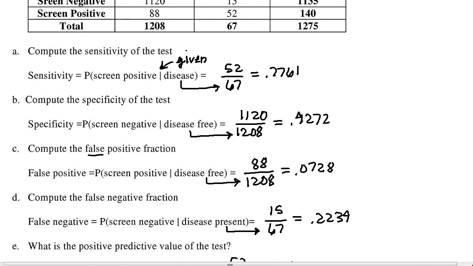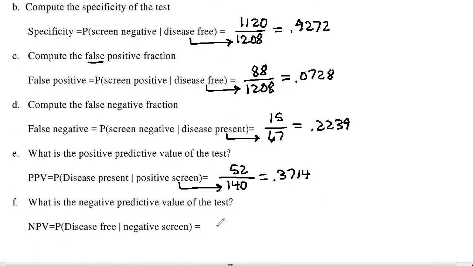So 1,120 out of 1,135. And if you divide that, you will get 0.9868 to 4 decimal places.